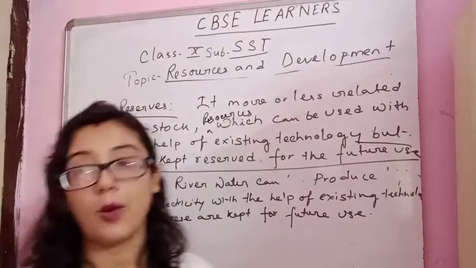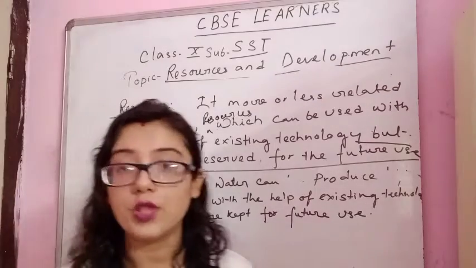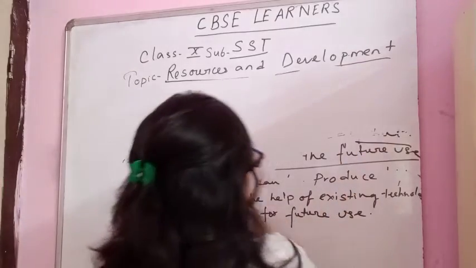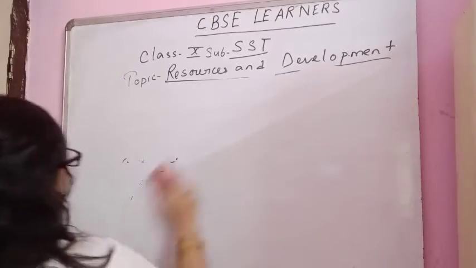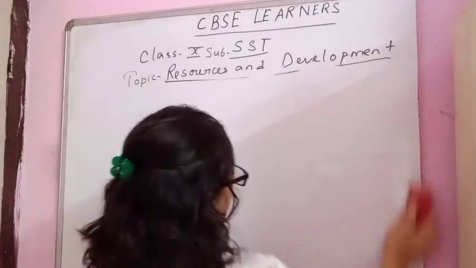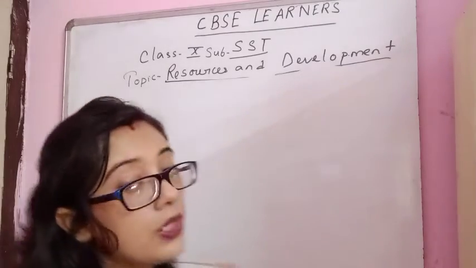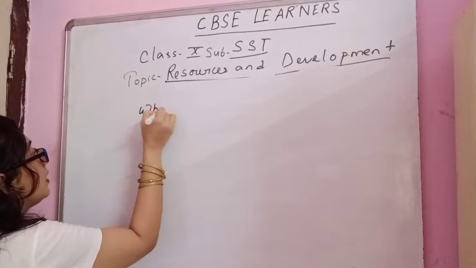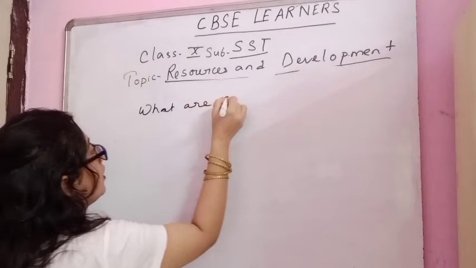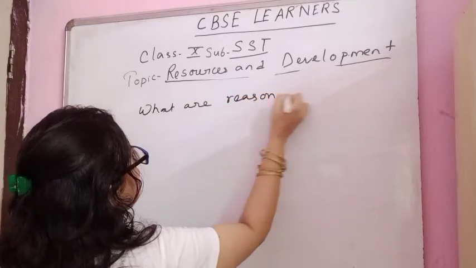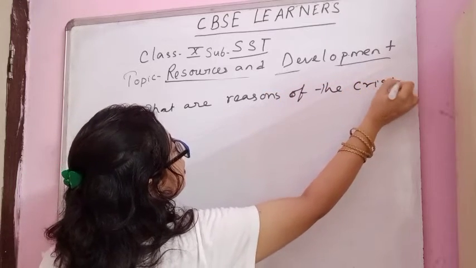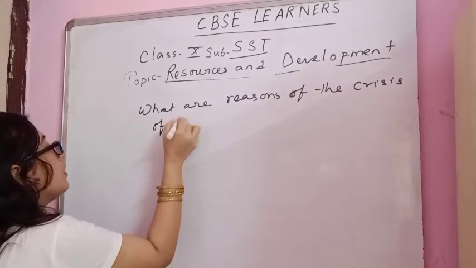So what are the problems that arise because of the overuse of resources? The question can come like this also: what are the problems or the crisis, what are the reasons for the crisis of resources?